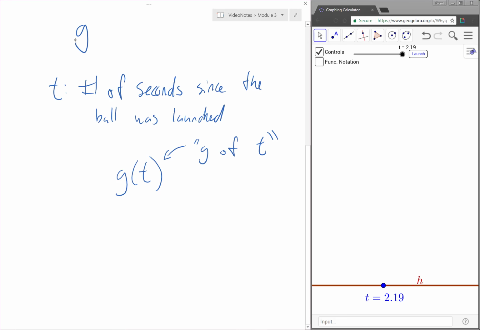So T represents the number of seconds since the ball was launched. This G of T represents the ball's height above the ground in feet.